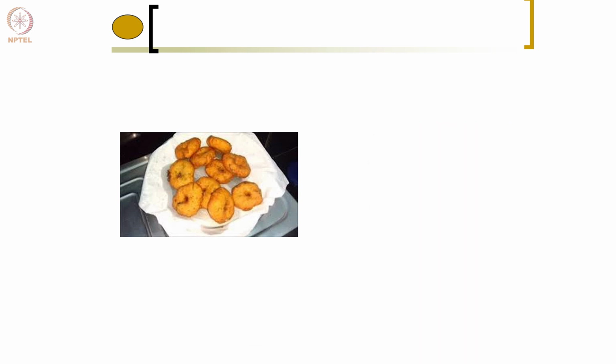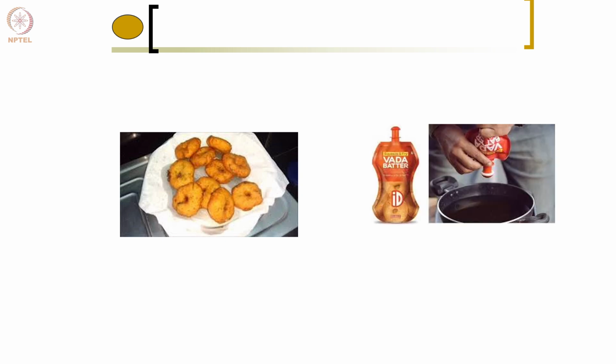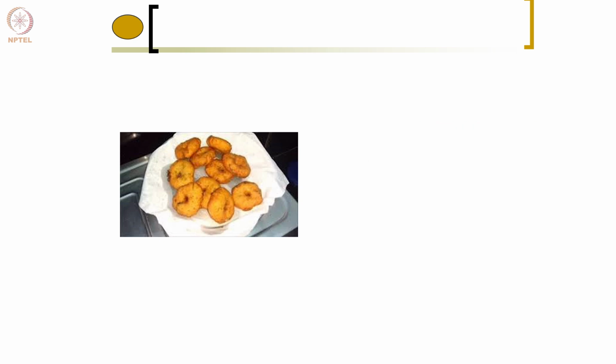So, what is the difference between a medu vada and a paripu vada? You know, paripu vada, that is dal vada. What is the difference? Hole. Yeah, the hole in the middle, right? So one of the challenges in making medu vada is making the hole. That's why people find it very difficult to make medu vada, because of the hole in the middle of the vada.